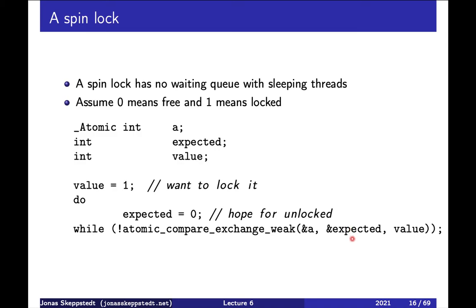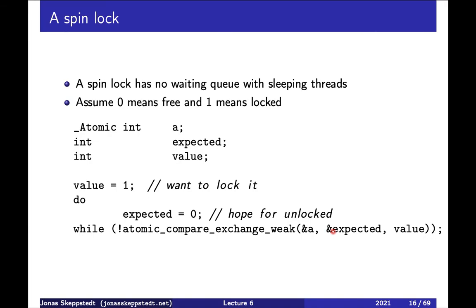So what we pass here is the address of the atomic variable, the address of the expected value, and the value. We don't need the address of this int, since it's just the value that we want. But why do we want the address of expected?